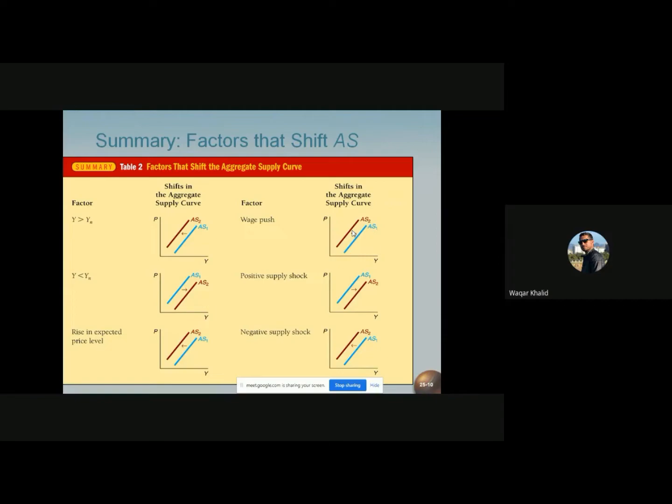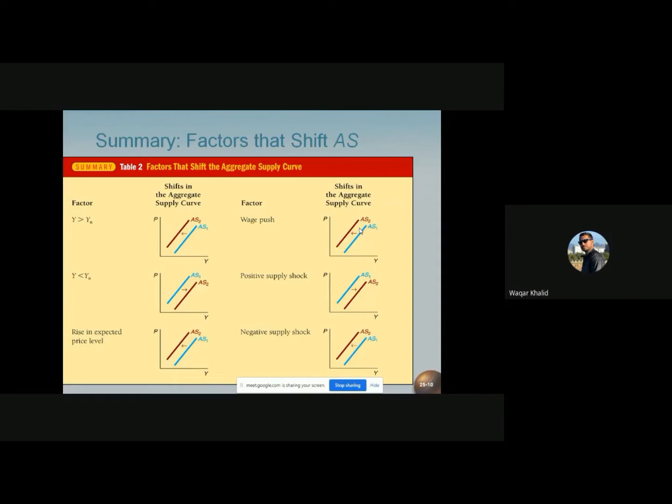So we can say that a successful wage push by workers will cause the aggregate supply curve to shift to the left side. The original aggregate supply curve will shift leftward to the new aggregate supply curve, from AS1 to AS2, if the wage push is successful by workers.